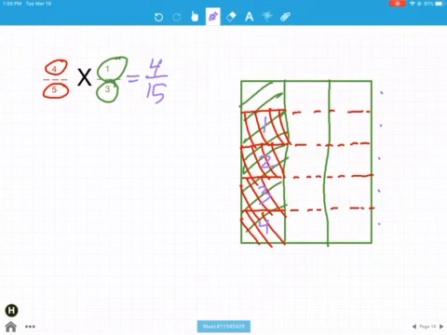Now 4/15, I can't group them. If I try grouping them in 4, I would group this, I would group this, and I would group this, but I would only have 3 left over. So I could not group this into a group of 4. Let's try 2. I can group this, this, this, over here, over here, over here, and this one, but then I have this one left over.